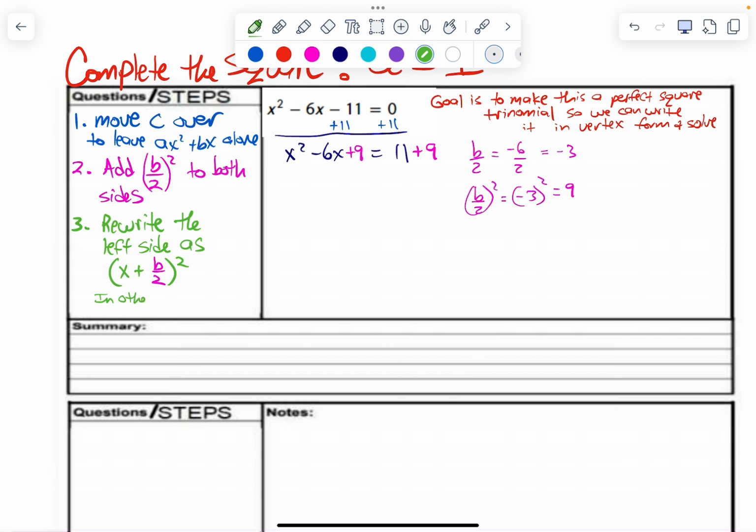In other words, factor. Okay, that's all we're really doing is factoring it. I'm just telling you that it's always going to be x plus b over 2 every time. Okay? So here that's going to look like this. x, b over 2, we wrote over on the side, was negative 3. So (x minus 3) squared. On the other side, 11 plus 9 is 20.